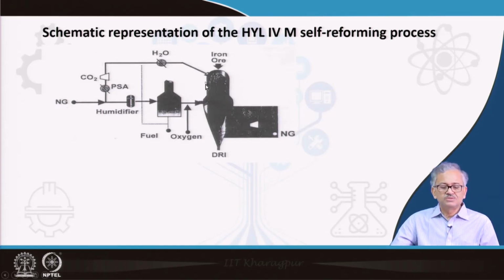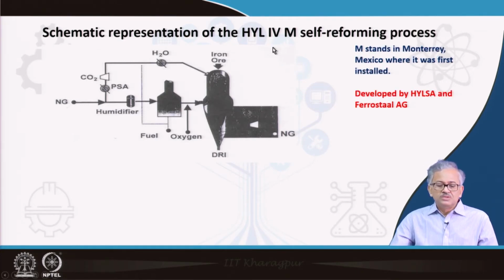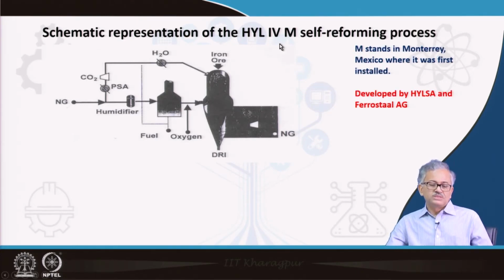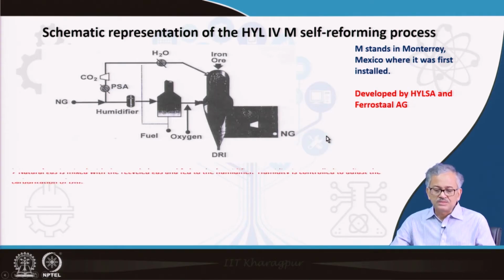Otherwise it is the same: it is also a high pressure reactor, and the natural gas circulation is similar. The only unique feature is the self-reforming, or in situ reforming, and that is very important. The HYL4 process is also known as the HYL4M process, where M stands for Monterrey, Mexico, where it was first installed. It was developed by HYLSA as well as Ferrostaal AG, because some technologies also came from Ferrostaal AG.